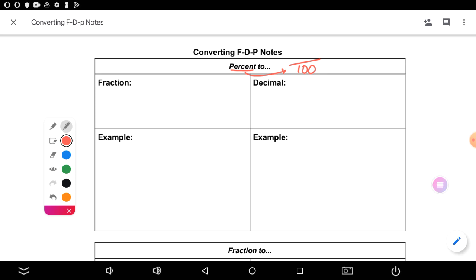So we're going to write that here. Write small. Okay. Put the percent over 100 and remove the percent sign.